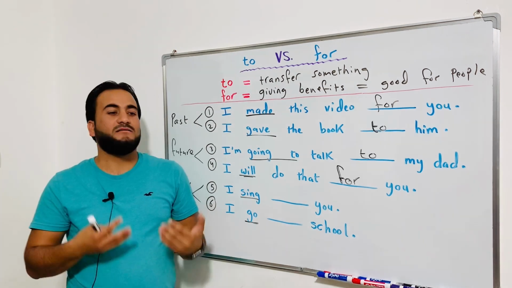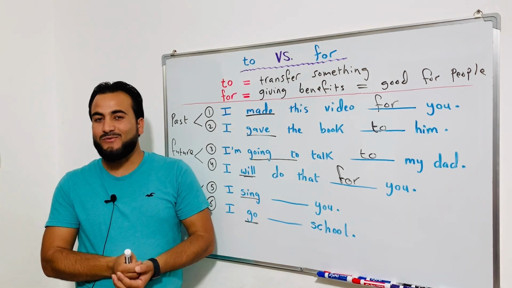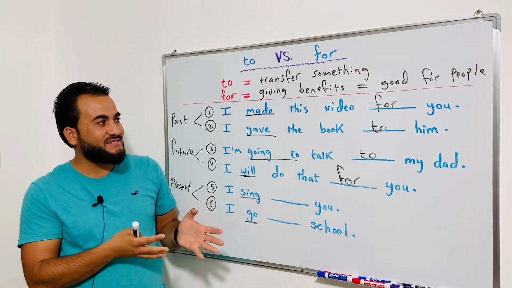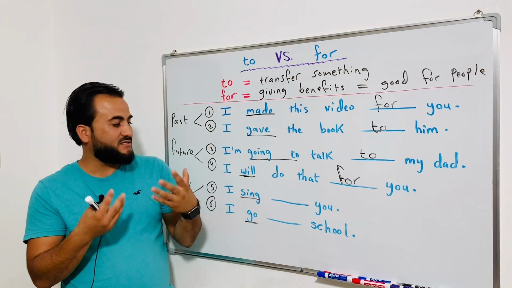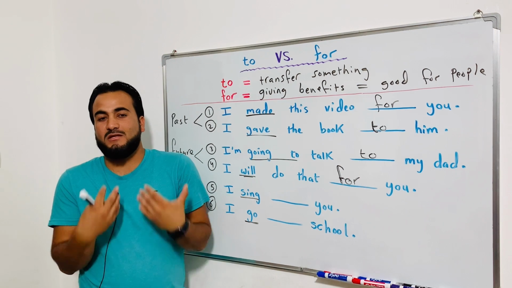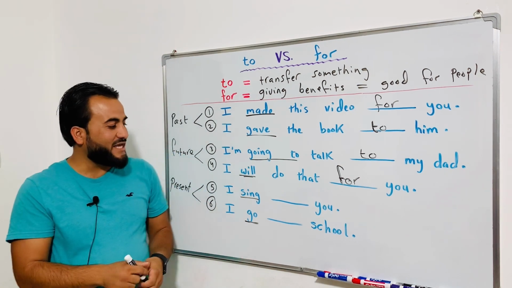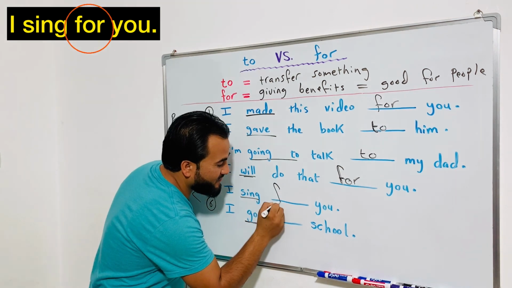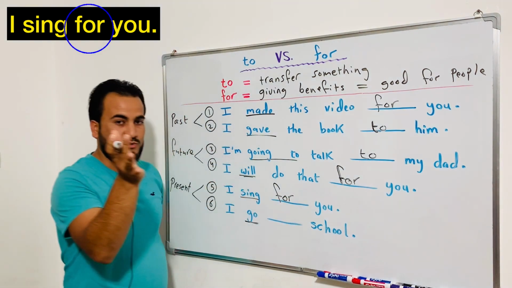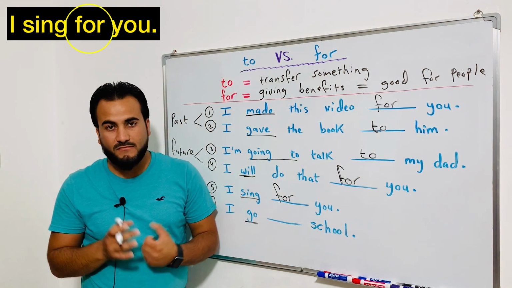Very nice. رح تنبسط وتكيف. Okay. معناها this is a good thing. معناها I'm giving you benefits. انت رح تستفيد انه رح تنبسط مني. Okay. So the answer is I sing for you. Okay. Very nice.